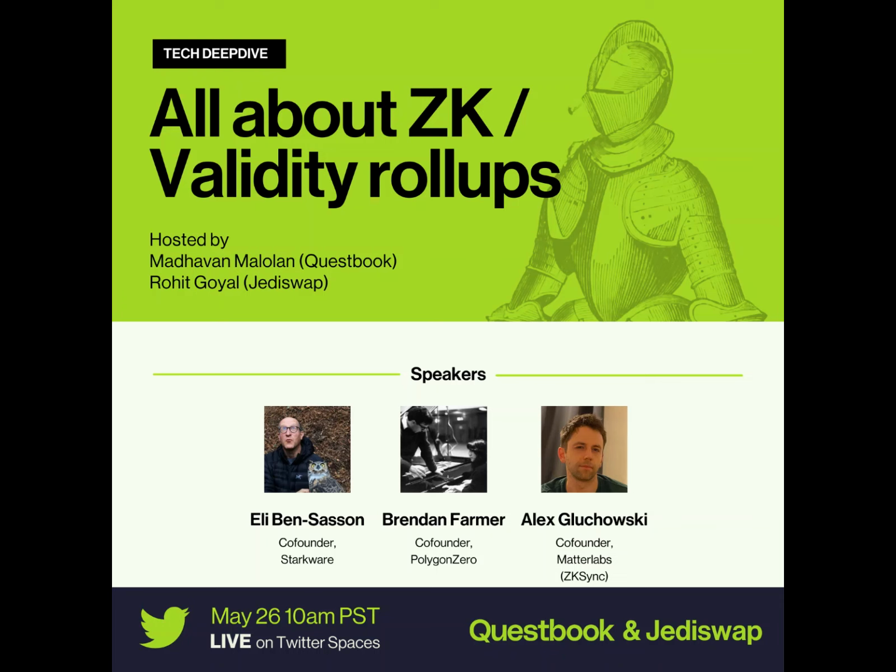And so at Polygon, we have the luxury of being able to pursue both an EVM compatible rollup, which is Miden, and also, I think this is really exciting, an EVM equivalent rollup. So we have Polygon Hermez and Polygon Zero that are pursuing this approach of being able to actually take existing Solidity or EVM programs and verify that their execution is correct.